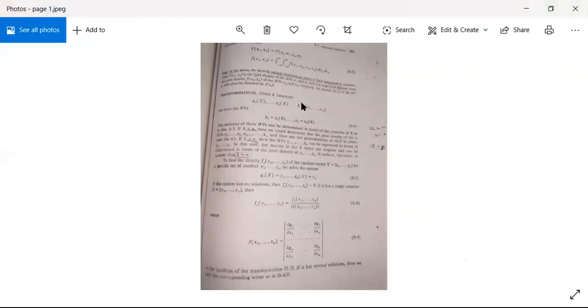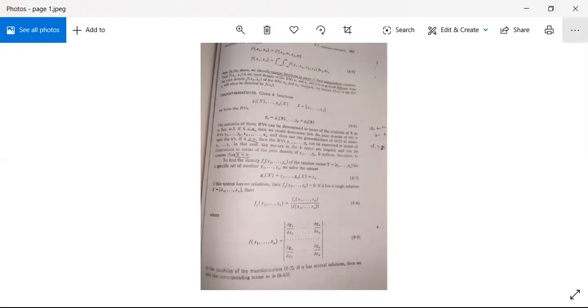I have referred to the book of Papoulis, and in this book you could see that if we have random variables x1 to xn, and functions of these random variables, and these are the outputs of these functions, if I want a distribution in terms of the outputs, that can be given by the joint distribution of the inputs divided by the Jacobian. And we know the Jacobian is given as follows.